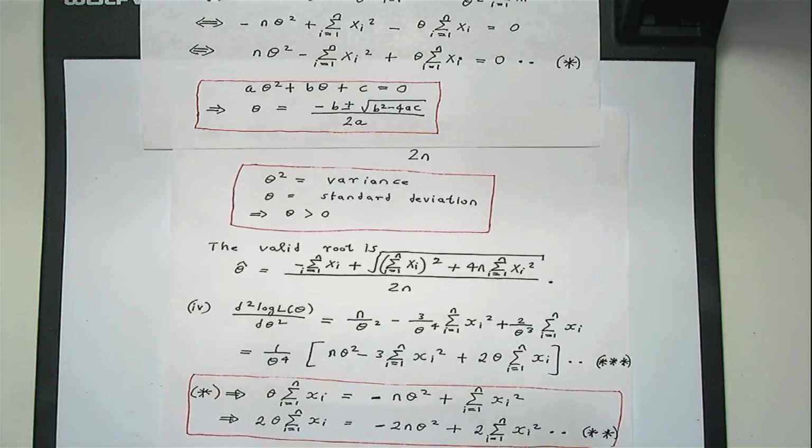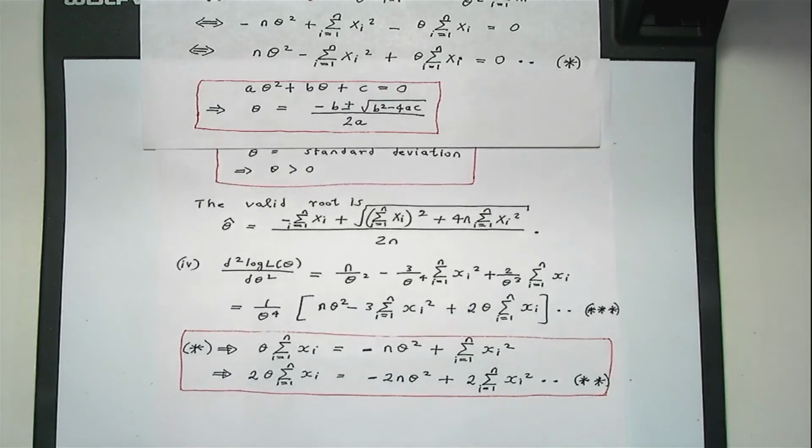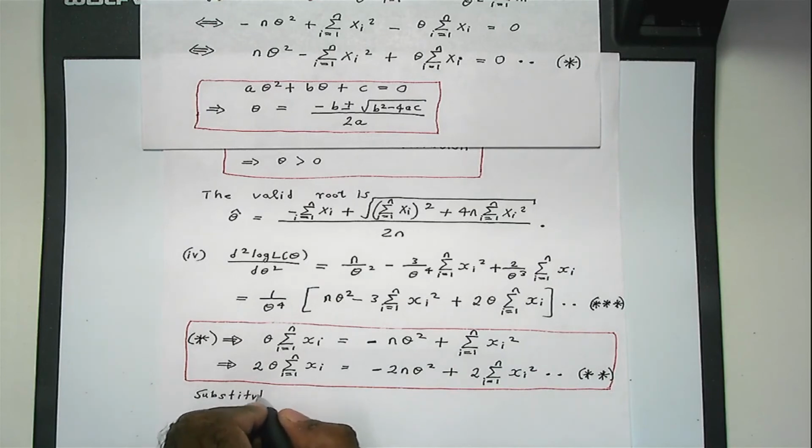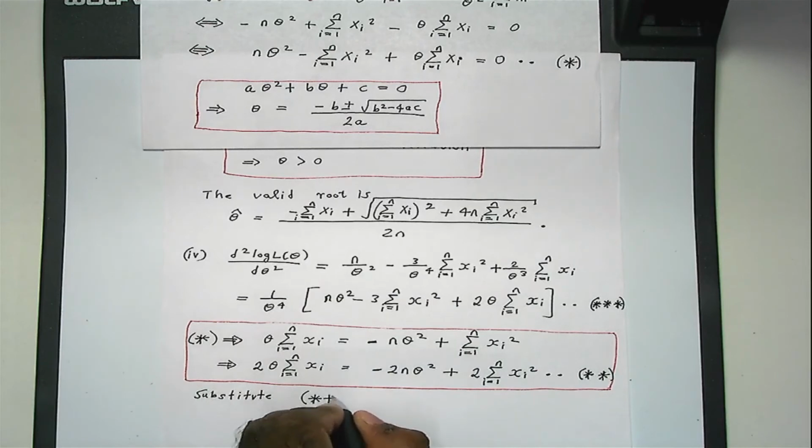Now what I'm going to do is substitute. You see, there is a term here, 2 theta times the sum of xi. In place of this, I'm going to substitute this. So substitute double star into triple star.